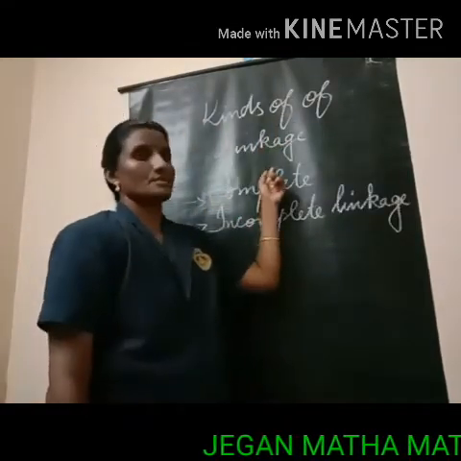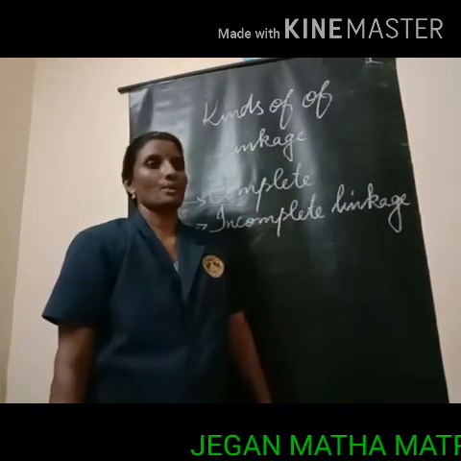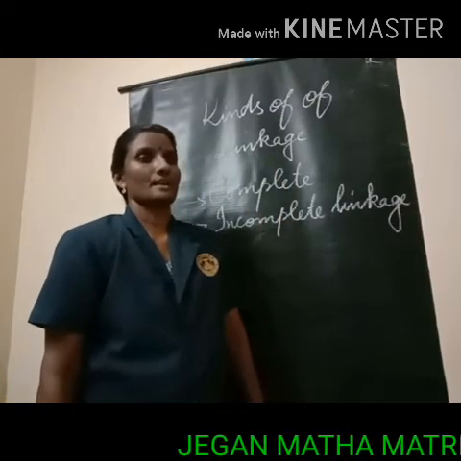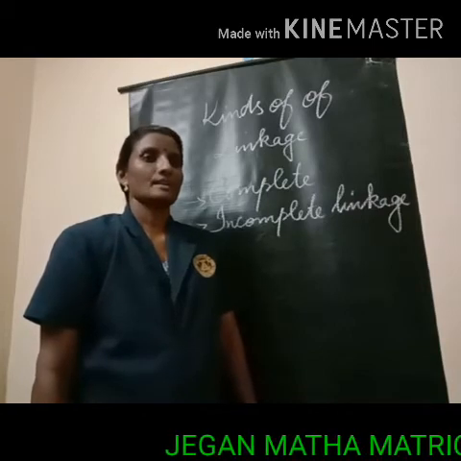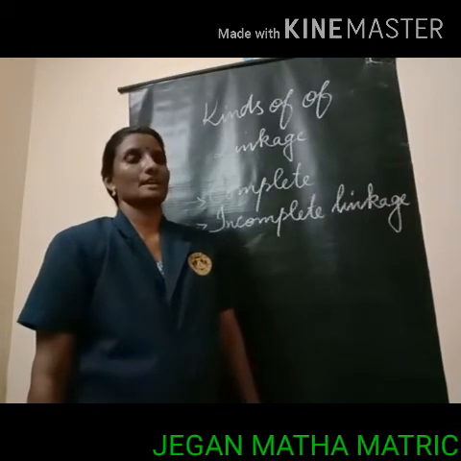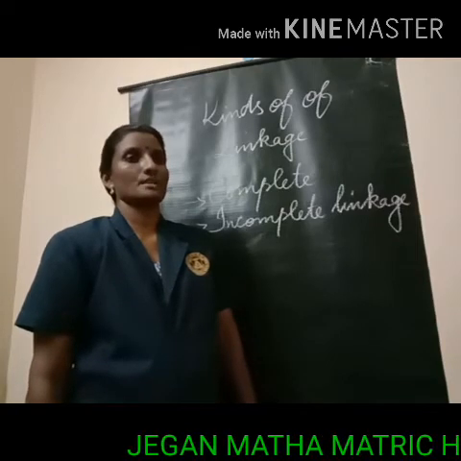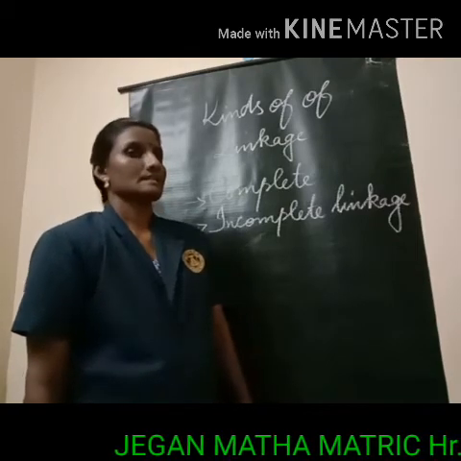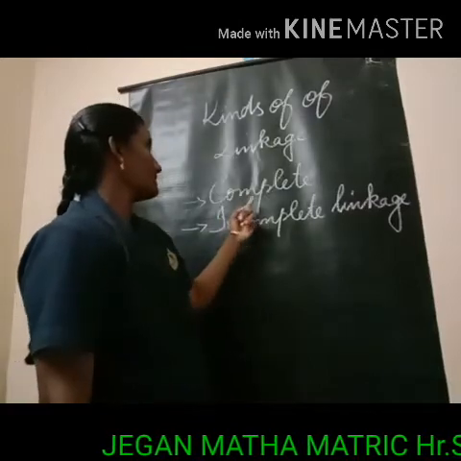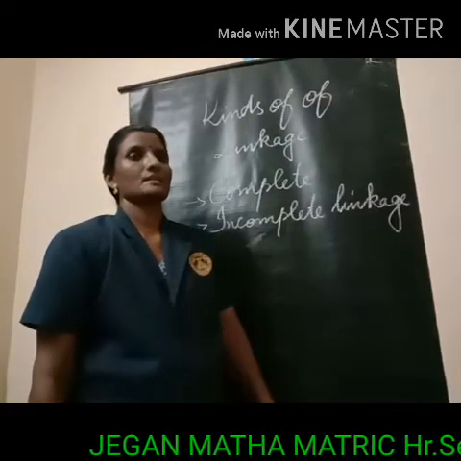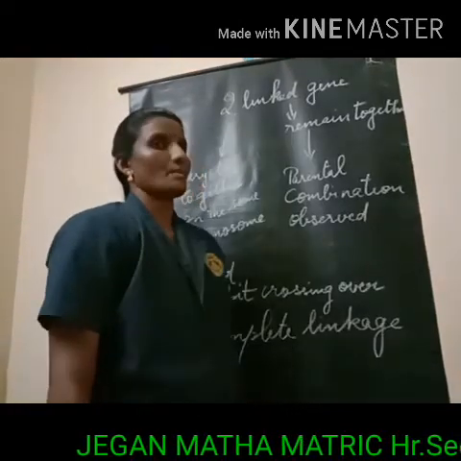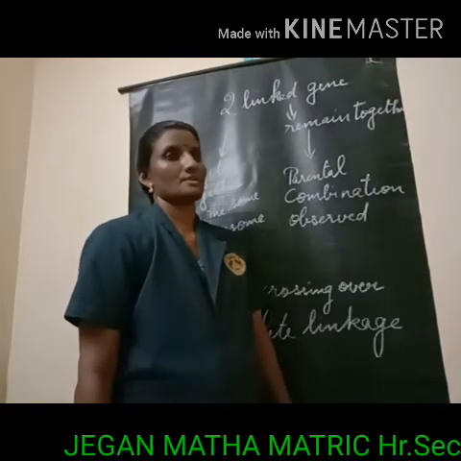Kinds of linkage. T.H. Morgan found two types of linkage: complete linkage and incomplete linkage. Depending upon the absence or presence of new combinations, linkage is classified into these two types. Now we are going to see complete linkage.